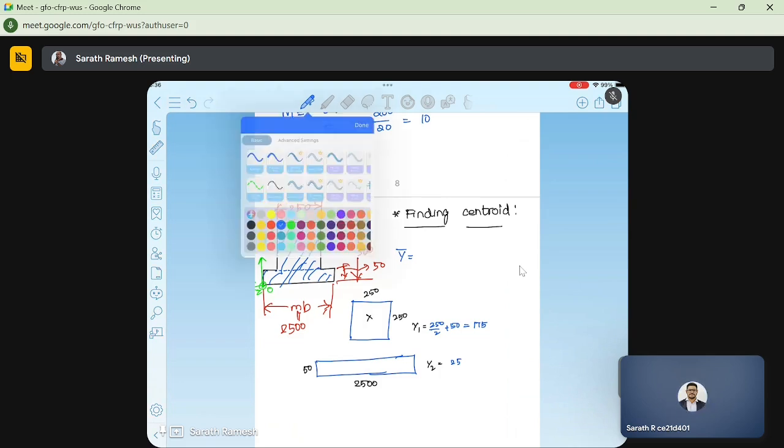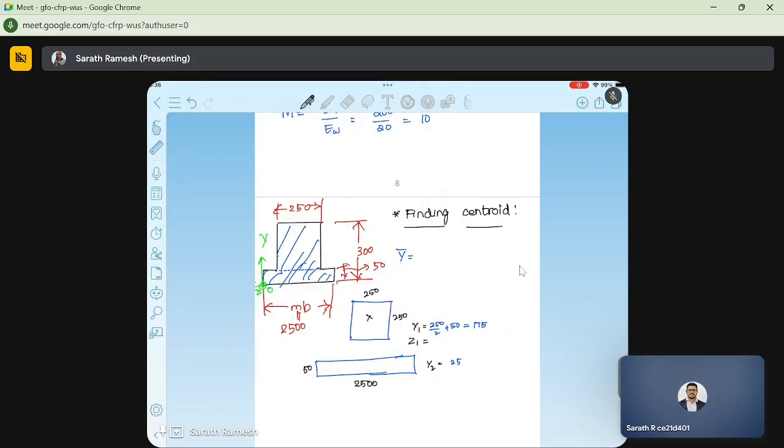What are z1 and z2? The total width is 2500, so minus half of 2500 minus 250 is 2250, and half of that, 2250 by 2, is 1125. So z1 will be minus 1125, and again there is the 250 rectangle, so 250 by 2 is 125.